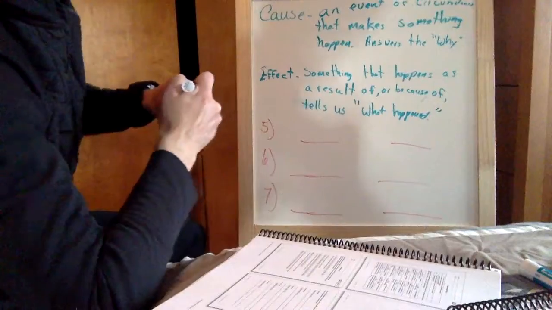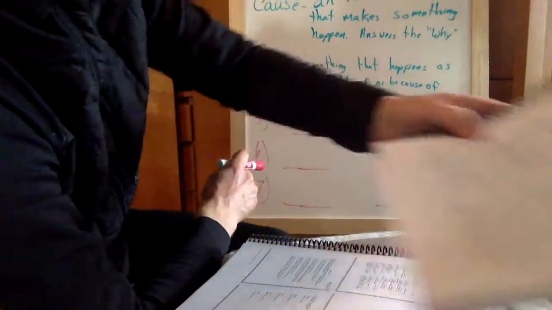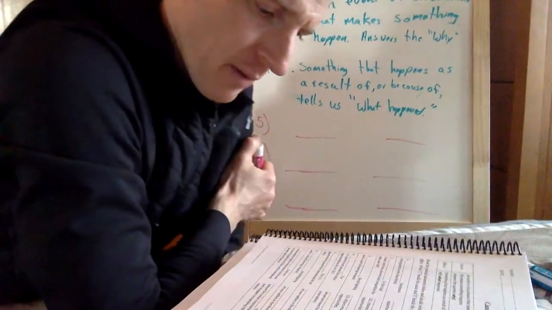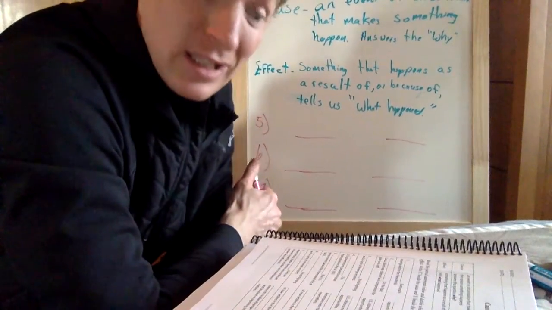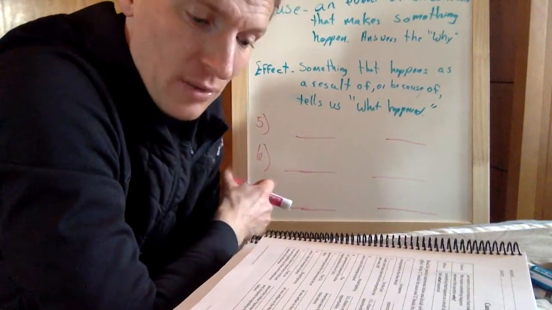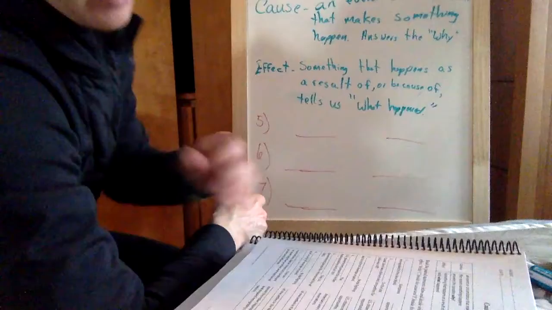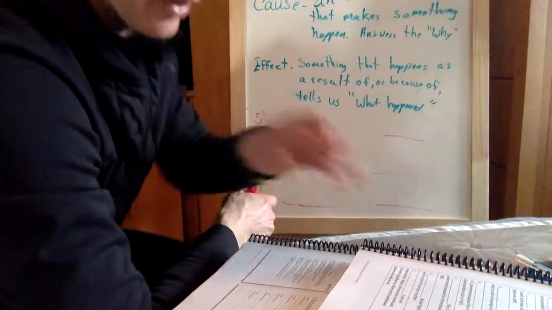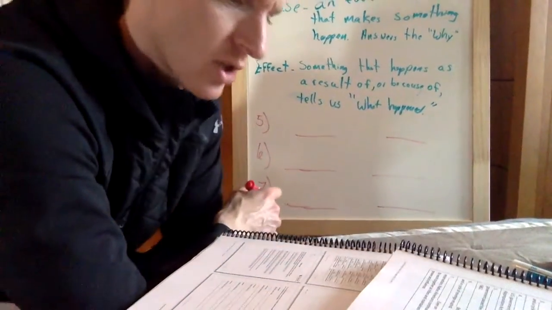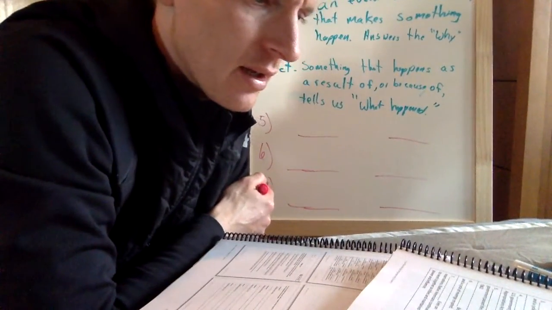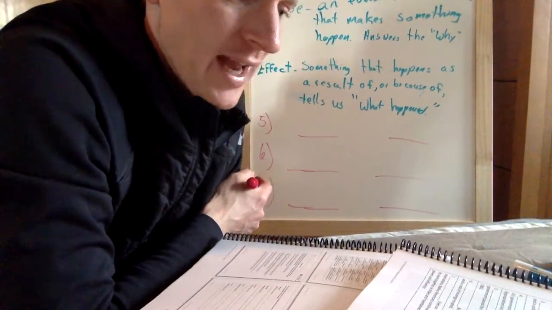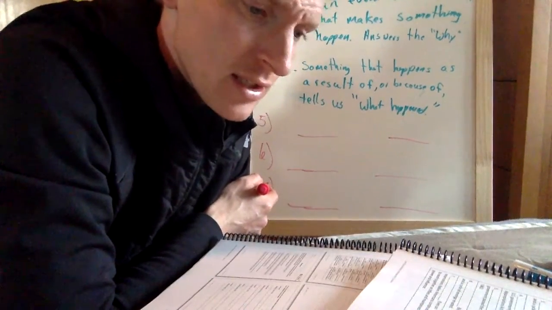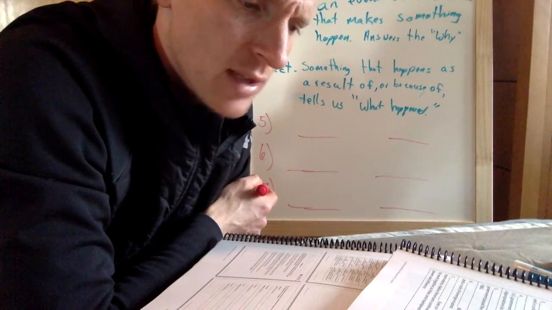Okay, number 5. The U.S. government passed the Homestead Act of 1862. There was a land rush of new settlers in the West. Is that the one? Yes. So, did the U.S. government pass the Homestead Act of 1862 because there was a land rush of new settlers in the West?